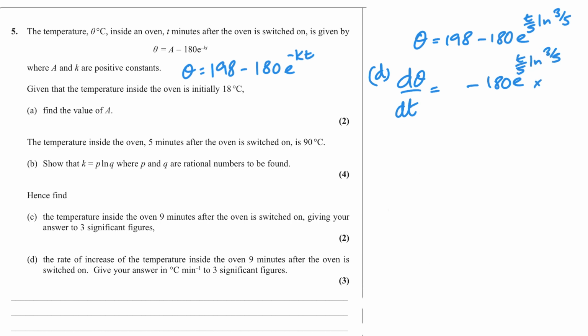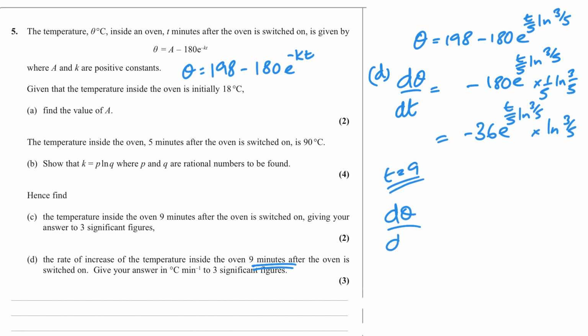So we're going to multiply by 1/5 ln 3 over 5. So that is going to be minus 36 e to the t over 5 ln 3/5, and we're still timesing by ln 3/5. And then we want it when t is 9, that's in the question here. So d theta by dt equals 7.33 to 3 significant figures.